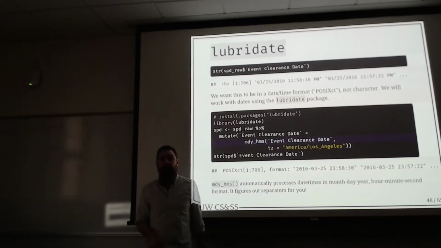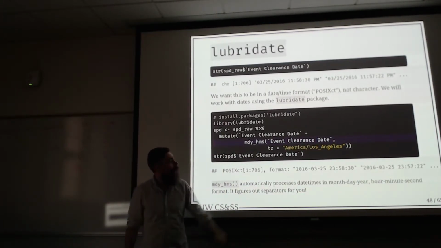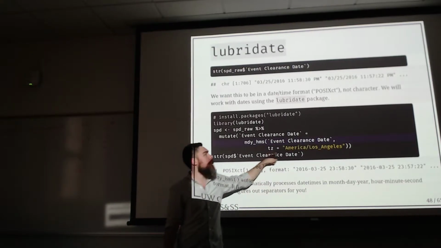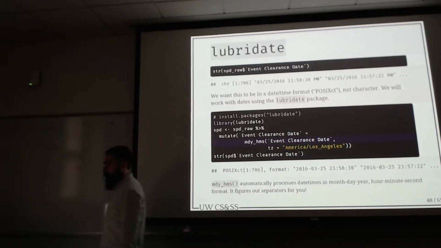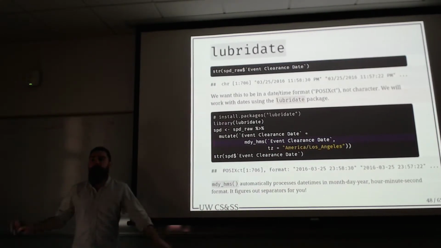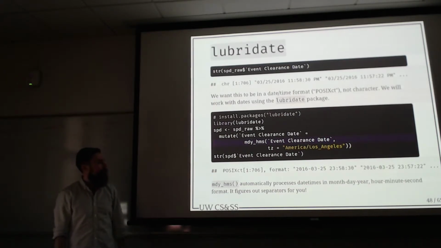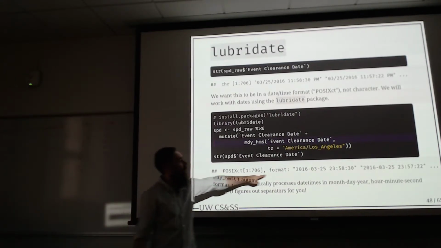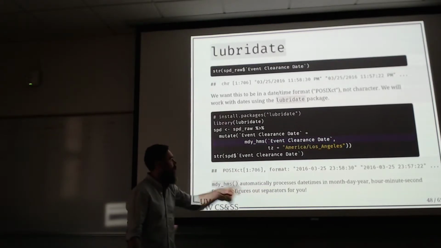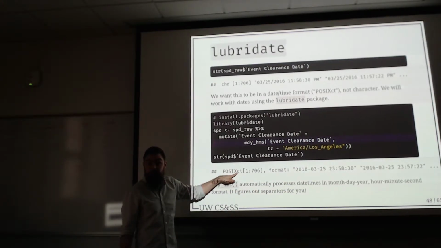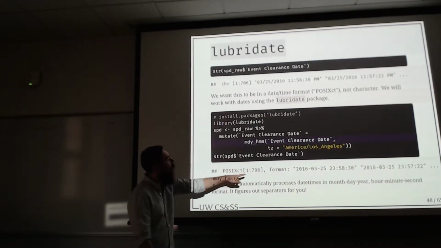And then I want lubridate to figure out the rest of it for me. I just give it event clearance date and tell it we're in the America/Los Angeles time zone. I give it nothing else. I don't tell it these things are separated by slashes, these are separated by colons. I don't tell it there's a space here. I don't tell it that it's AM and PM over here instead of 24-hour time. Lubridate figures it out for you. It's like, okay, I know how to parse this. What pops out is a new POSIXct object, Unix time is really what it is.